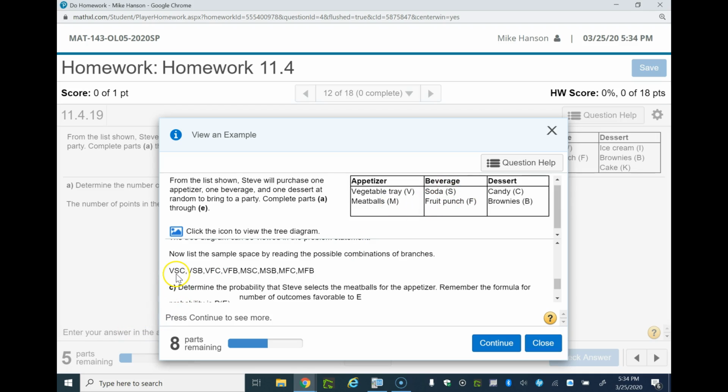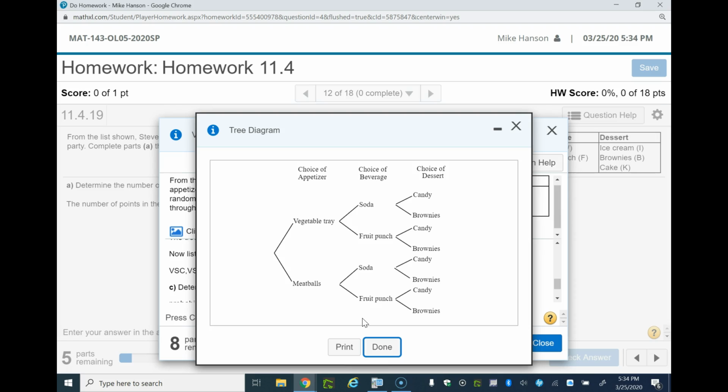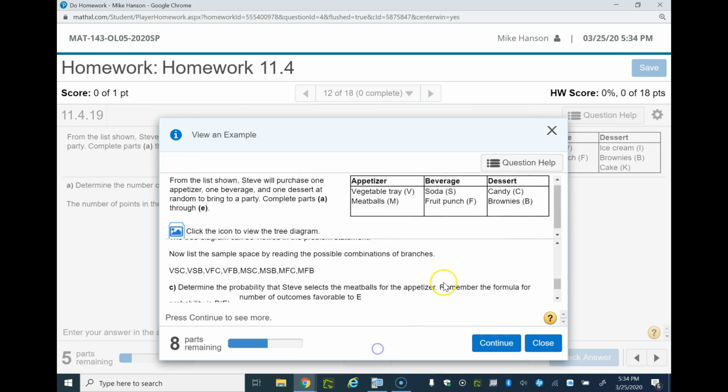So here is my vegetables, soda, and candy. Then I have vegetable, soda, brownies, and then you just keep going with the whole tree diagram. So your diagram should look like this at the end. Start off with the first 2, branch it off, then branch this one off, then branch this one off, and keep branching them off until we get our letters like so.